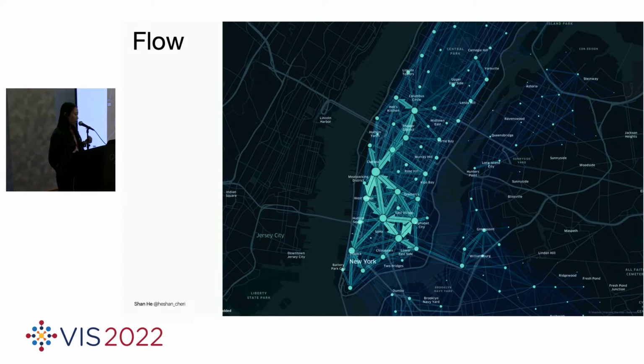That's why there's this type of flow visualization that is built on top of the OD pairs, but applies KD tree aggregation so that it clusters the origins or destinations based on proximity.